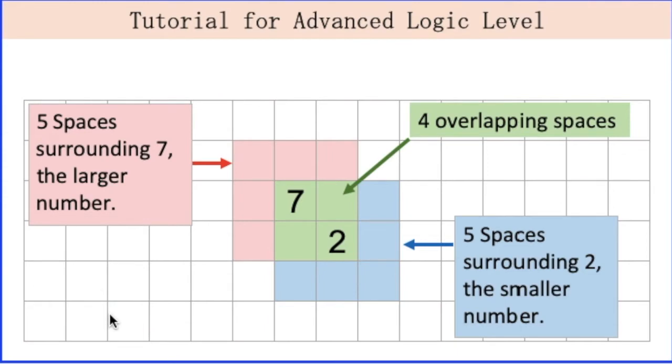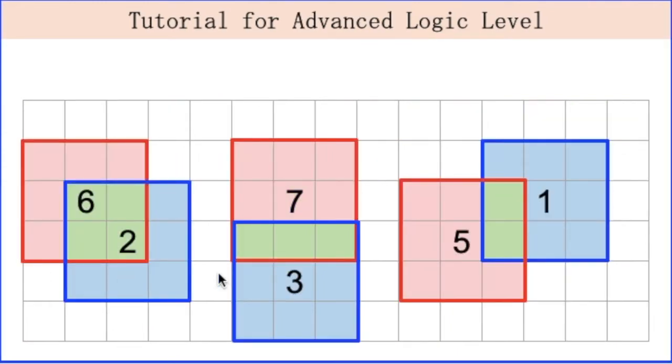I'm going to sidestep now and show you it's not just when the 2 numbers are aligned diagonally, but something like this, 3 and 7: you do have 3 spaces that are overlapping between the 2 numbers. And 1 and 5, they're not in perfect diagonal alignment, but you still have 2 spaces that are overlapping.